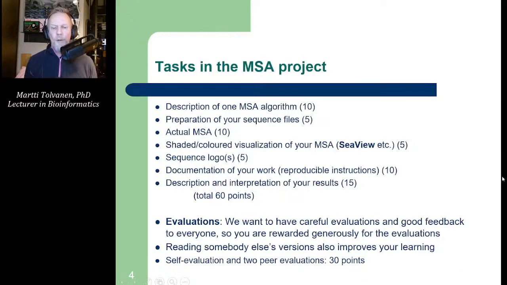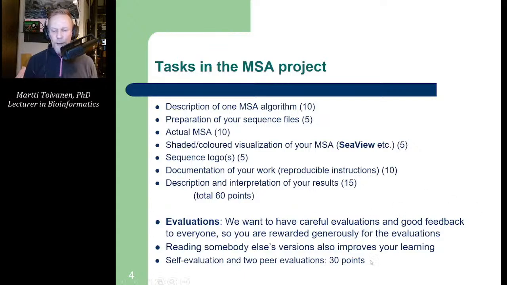And the points you have for different tasks, again, they are given in more detail in the PDF document, but just as a quick summary, you have your division of points given here, and the report is worth 60 points, so that's like 2 of your homework assignments, 30 points each.